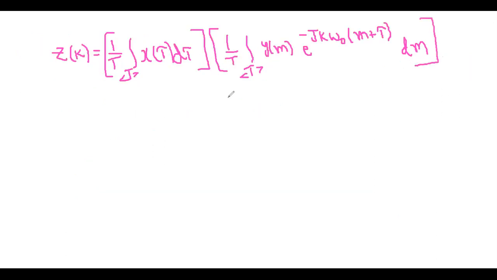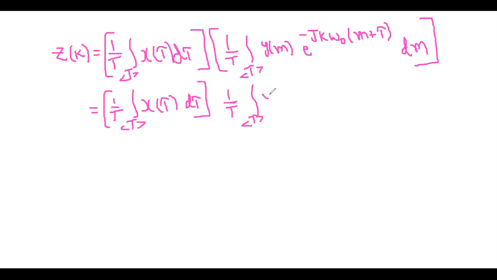Okay, the total within the parenthesis is equal to 1 by T the integral T, x of tau d tau as one function, and this one is 1 by T the integral T, y of m.